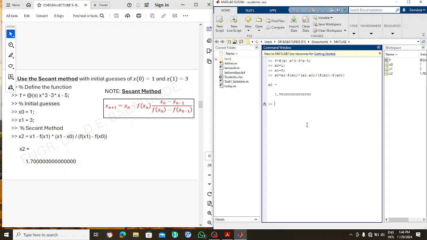So the previous x0 will go away. We need to create another x0, and that x0 is going to equal what x1 was before. And x1 now is going to be x2 that we just computed. Then we need to calculate the new x2 by the second method. So that's what makes it iterative.